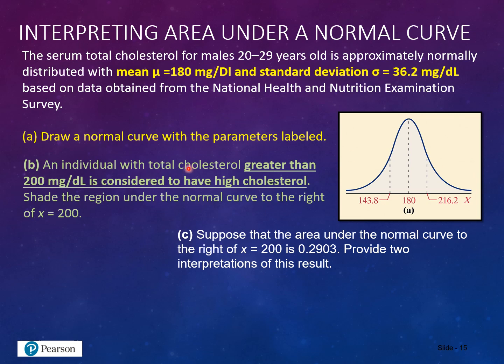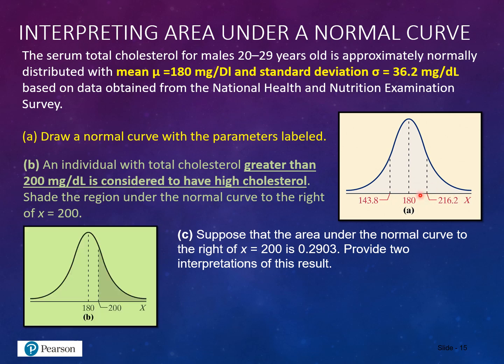An individual with total cholesterol greater than 200 milligrams is considered to have high cholesterol. Shade the region under the curve to the right of x equals 200. So we're somewhere between 180 and 216. That's almost, 180 to 200, another 20. It's almost directly in the middle, but it's not quite.